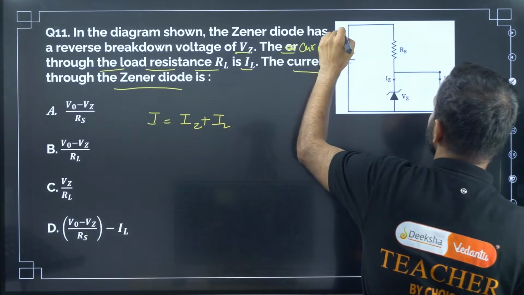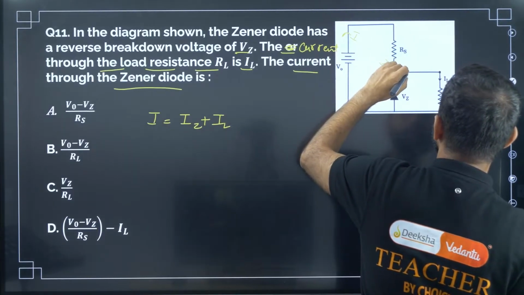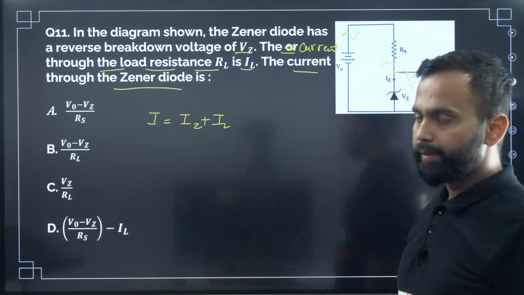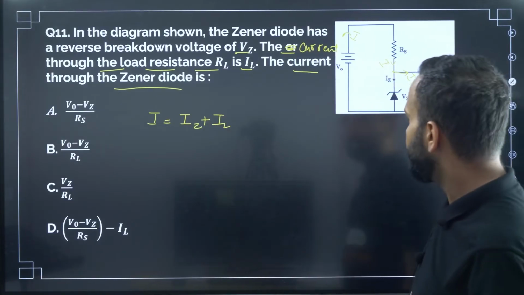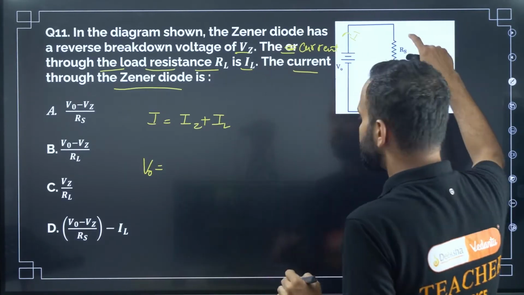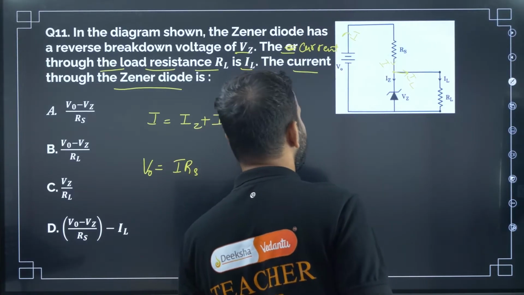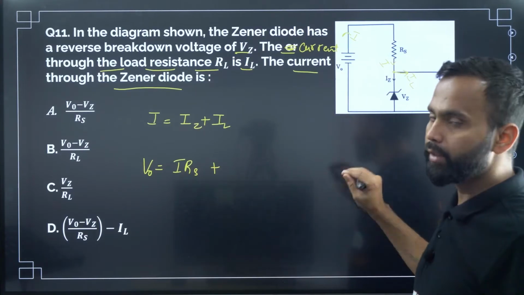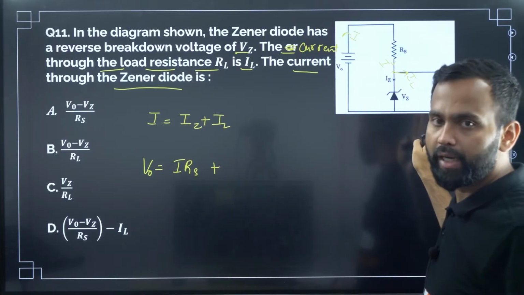So here the total current is I, here this will also be I. At this point the current will divide into IL and Iz, right? Now the applied potential is V naught. So V naught is equal to the potential difference across Rs, that is I into Rs, plus the potential difference across Vz or RL, both are in parallel, right?